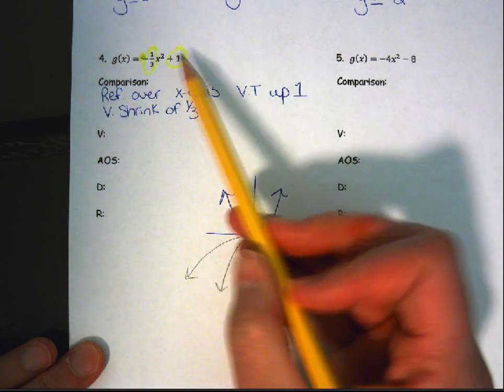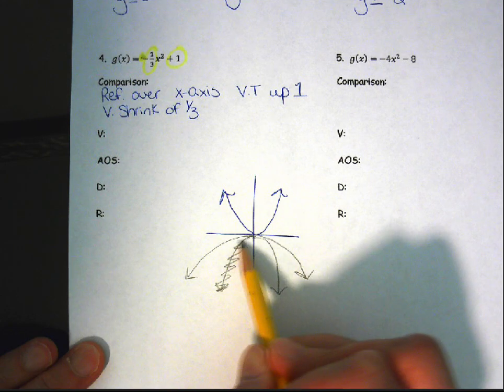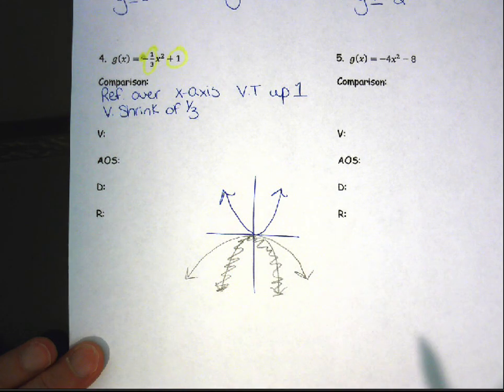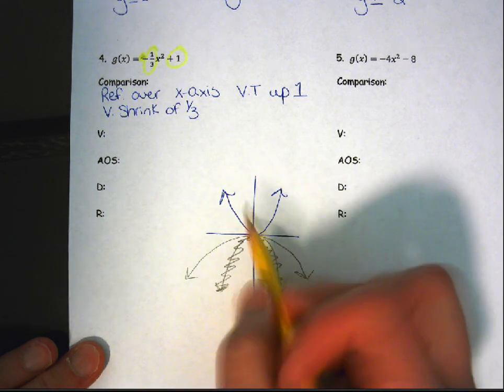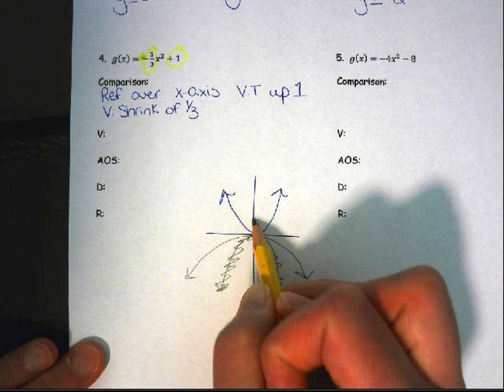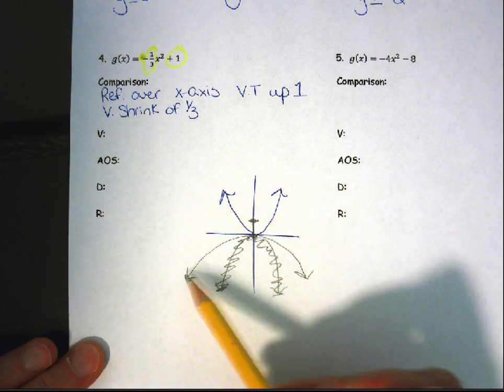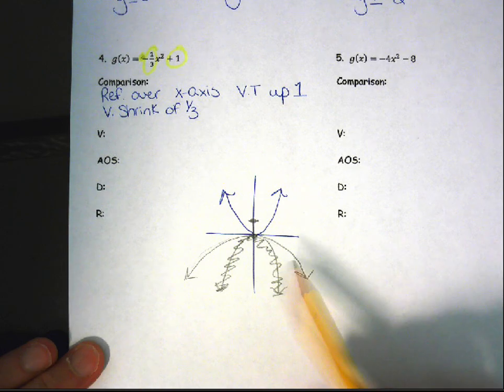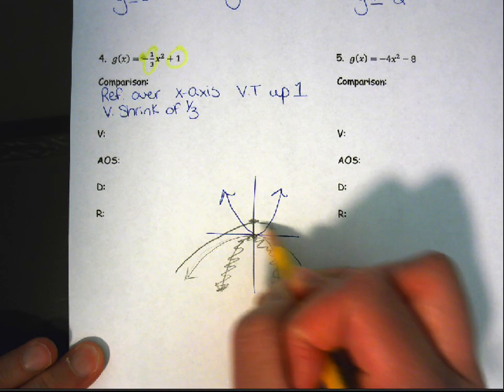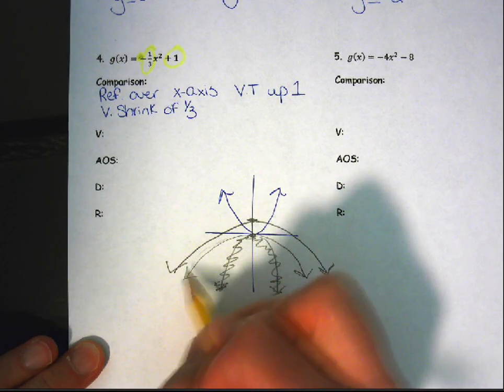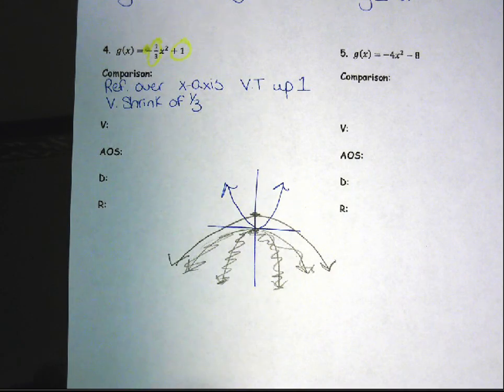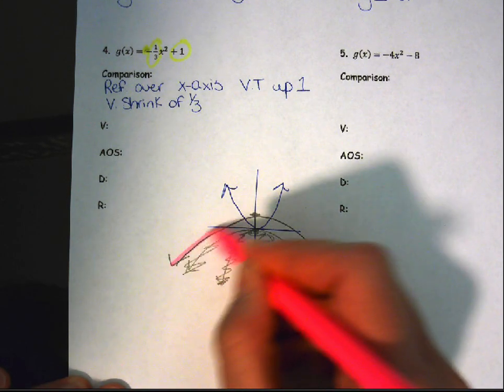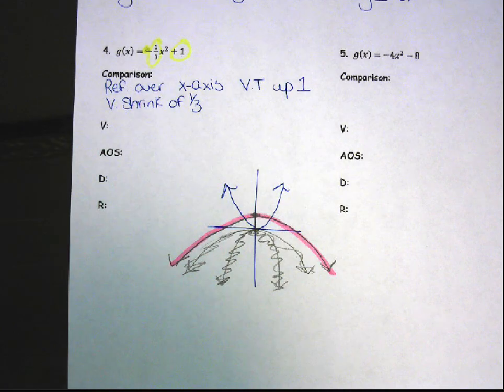And then the +1, so this one's gone now. Then the +1 is going to take this dot and just yank it up 1 spot. So it's this exact graph, just up 1. So this would be our final. Okay, that's what it looks like.